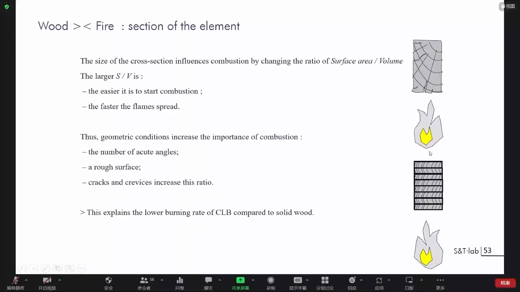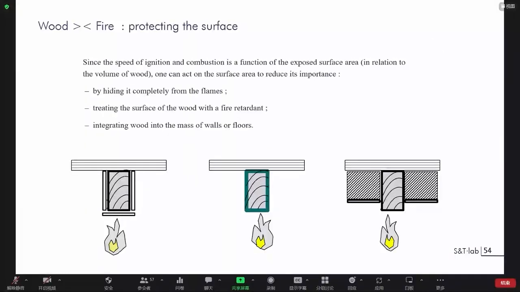That won't appear most of the time in glulam, and also in glulam you will be removing all the cracks and so on. And so for good resistance to fire, you need massive sections of timber. With no difference, it will be glulam or massive timber, even if this behavior would be better for glulam.